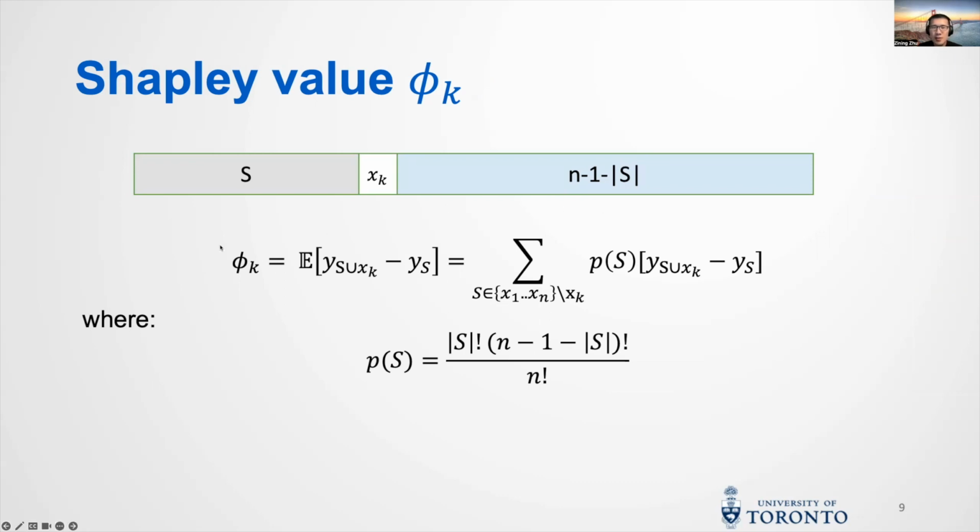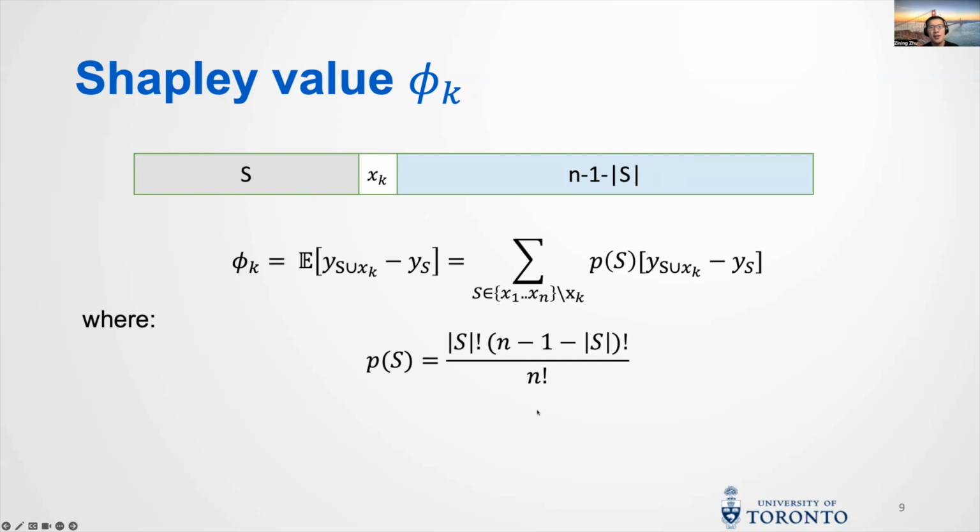So how many possible scenarios can form this combination? For the left-hand side, there are the factorial of cardinality of S. On the right-hand side, there are the factorial of n minus 1 minus the cardinality of S. These two sets are independent, so we can multiply the number of orderings of the left-hand side and the right-hand side. Overall, how many combinations are there for the n players in total?